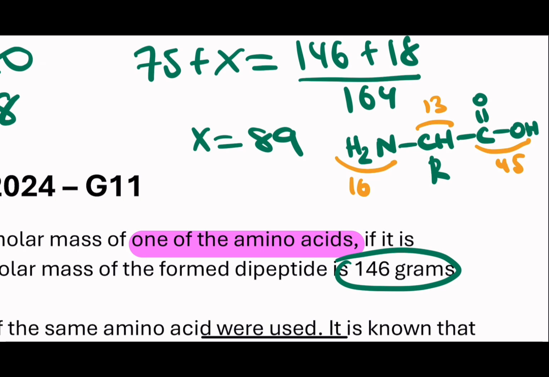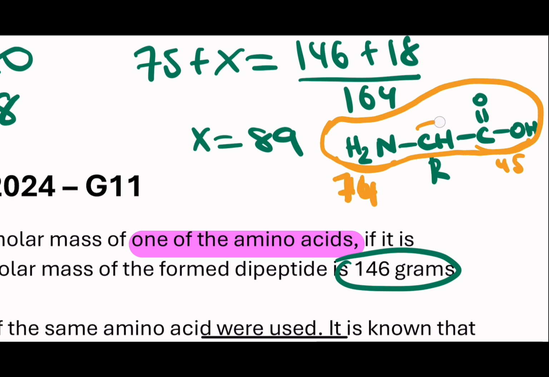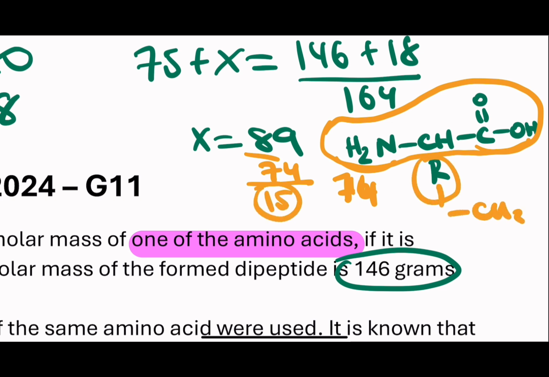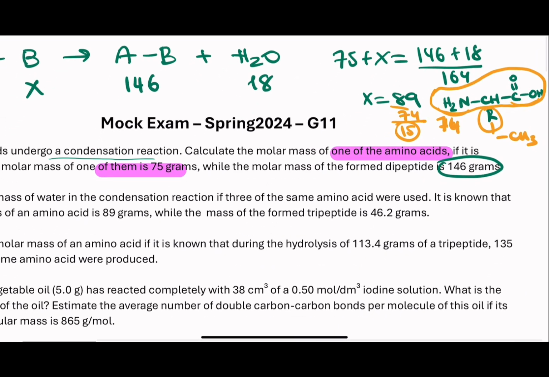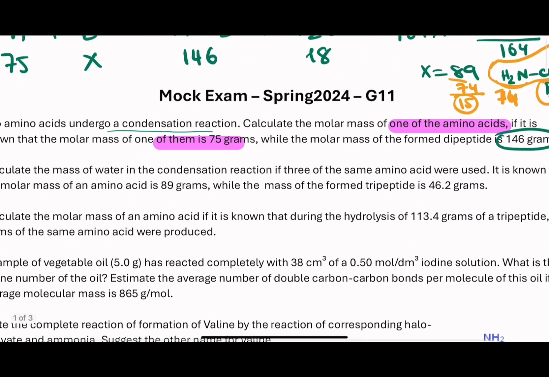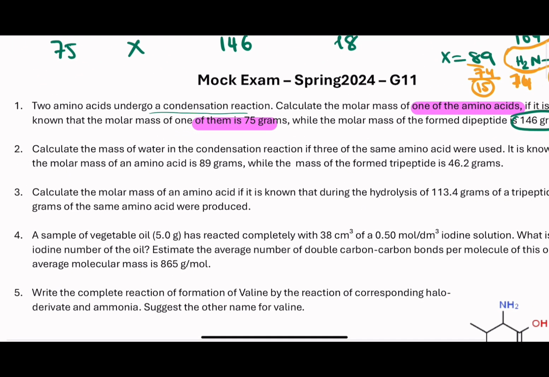So altogether this adds up to 74. All this portion is 74 molar mass. Okay, and then we're left with 89 minus 74, so we have 15 grams left for this R. So it could be CH3, which is 15 grams, so one of the amino acids could be that, but it's not asking over here. So let's move on.